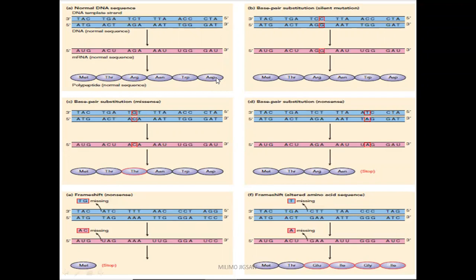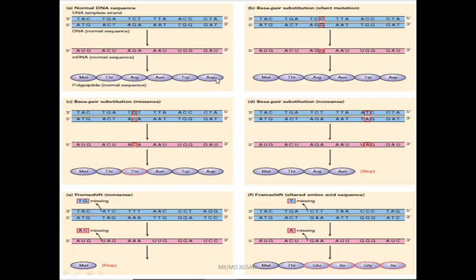Of note is that when we looked at translation, we did talk about the genetic code being degenerate. The degenerate nature of the genetic code means that a base substitution may either alter or not alter the amino acid sequence coded.